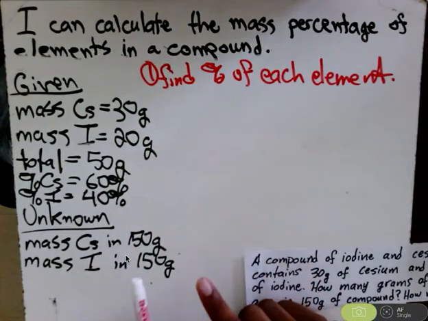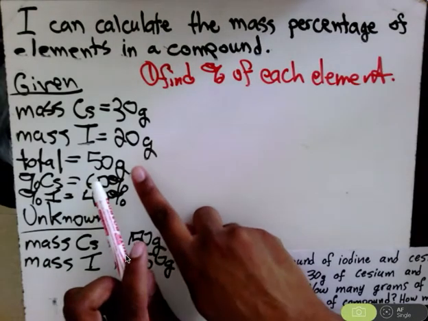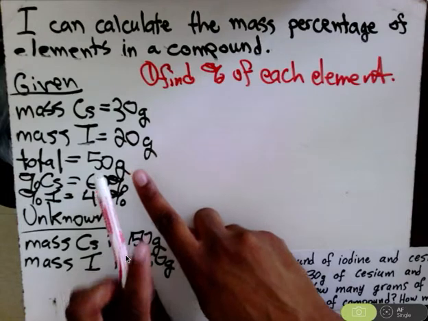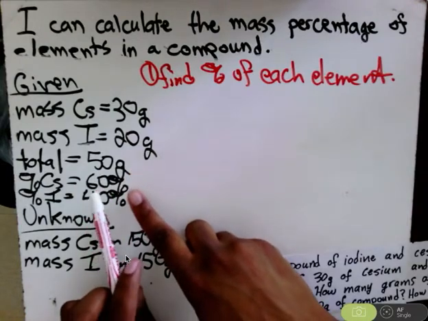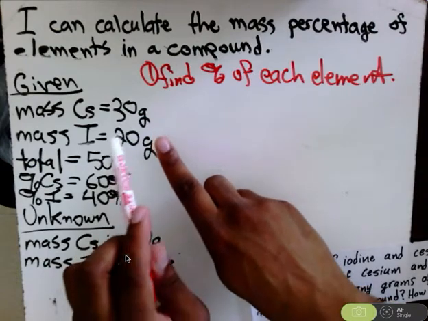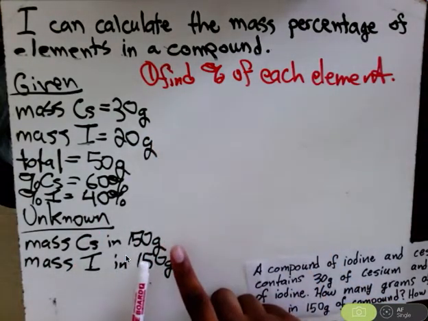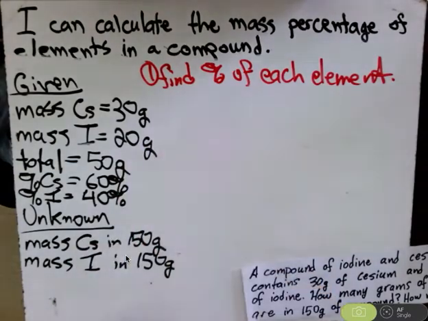So this is asking, what if our total was 150 grams? Because if 50 grams is our total, and these are our percents, and it gives us this mass of elements, what if our total was 150 grams? What masses would we have?